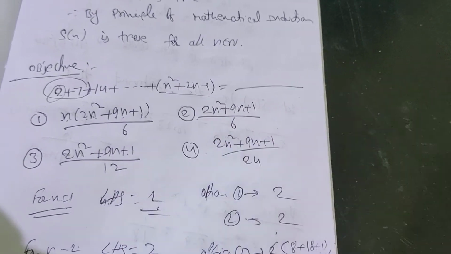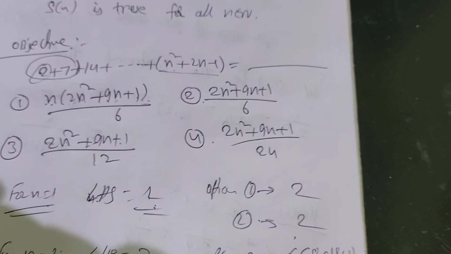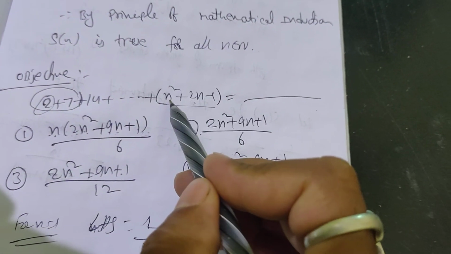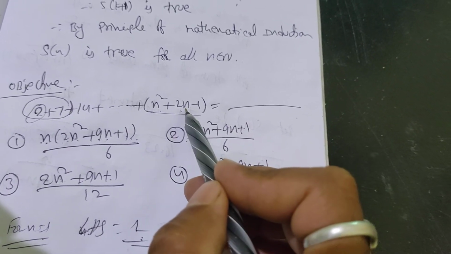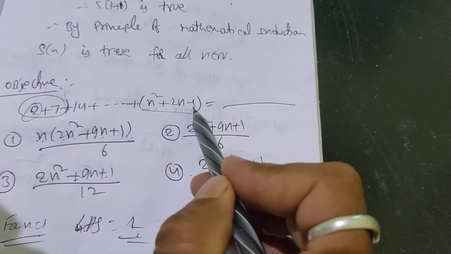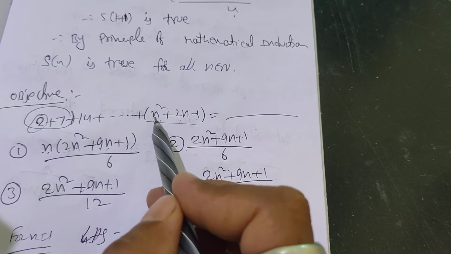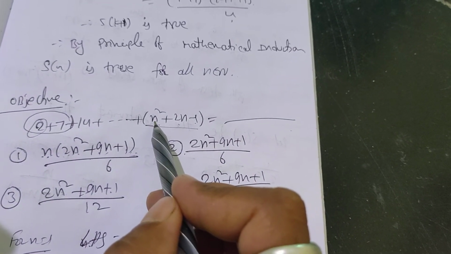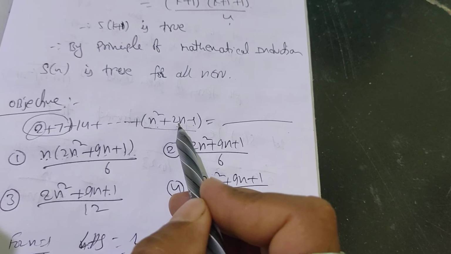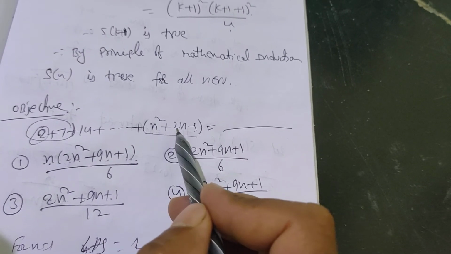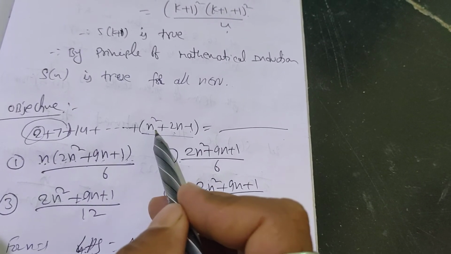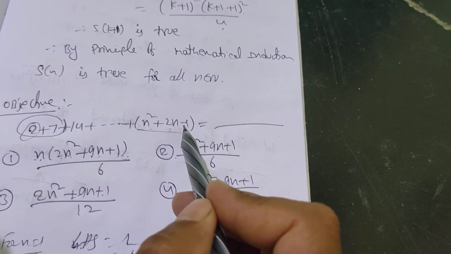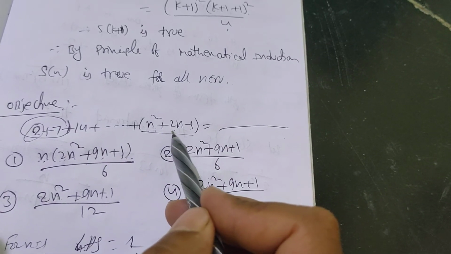What is that? 2 square is 4, plus 2, 2 twos are 4, 8, 8 minus 1, 7. So 7 for n equal to 2.